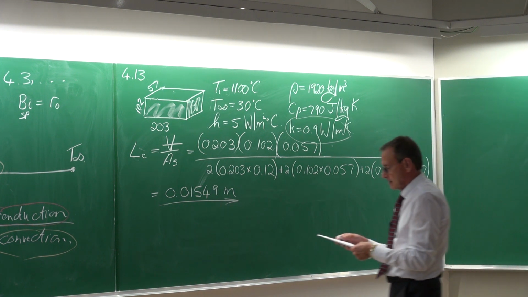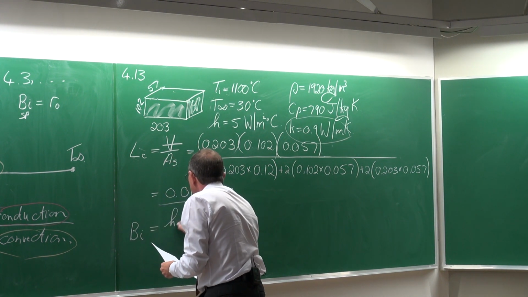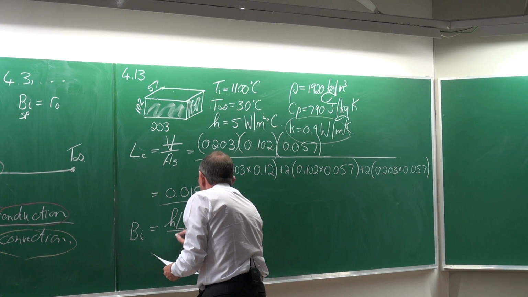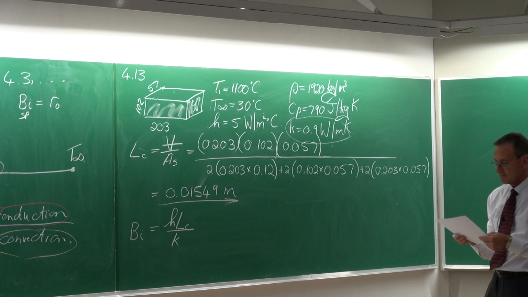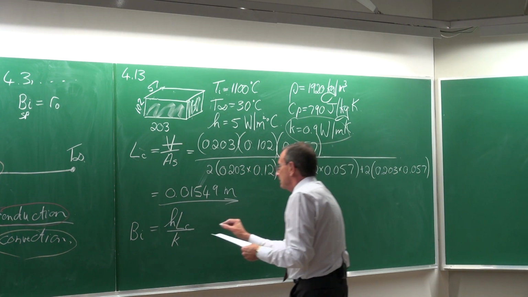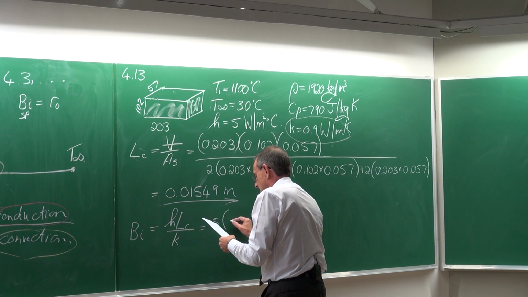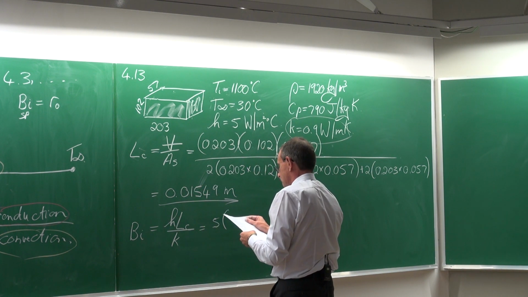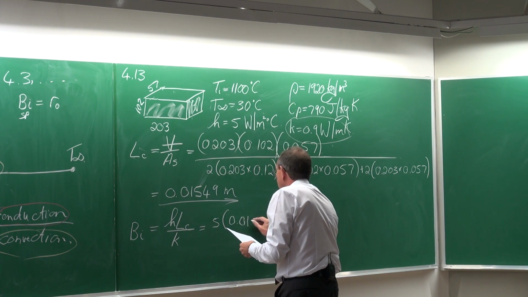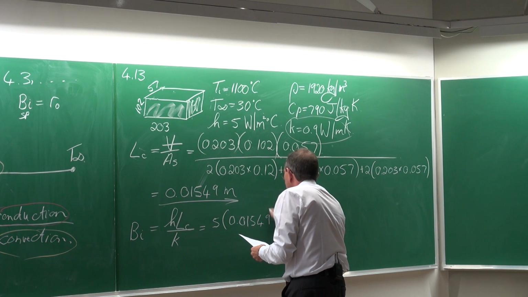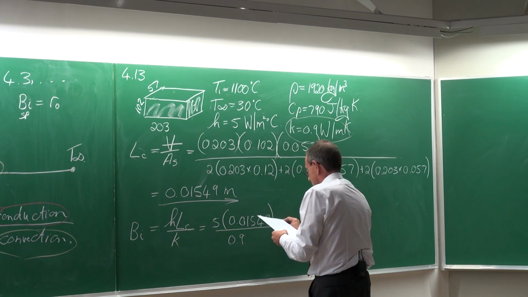Okay. Now we can calculate the Biot number. The Biot number is equal to the heat transfer coefficient multiplied by the characteristic length divided by the thermal conductivity k. The heat transfer coefficient is 5. The characteristic length is 0.01549, divided by the thermal conductivity, which is 0.9.